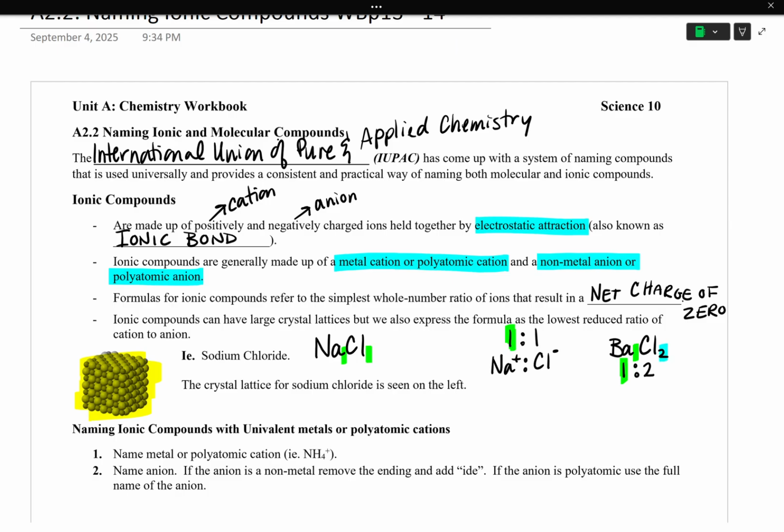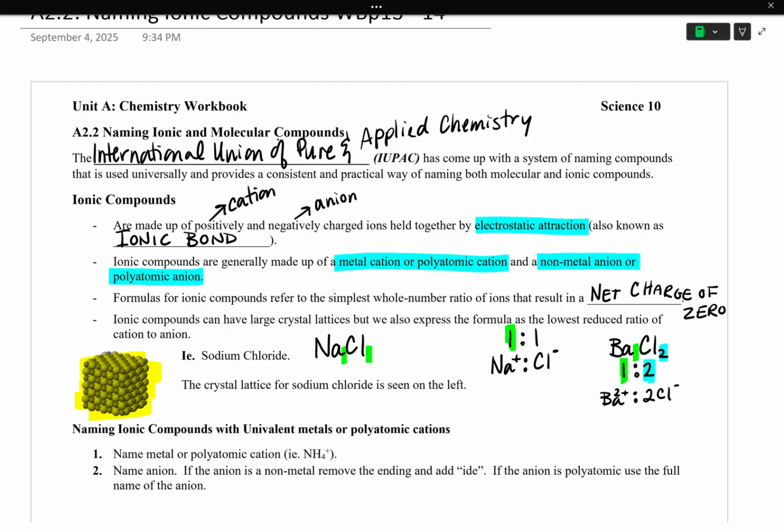The 2 next to the chlorine means 2 chloride ions. So this would be barium 2 plus to 2 chloride negatives. Let me write that a little bit better. Okay?